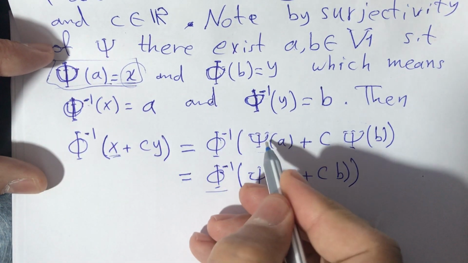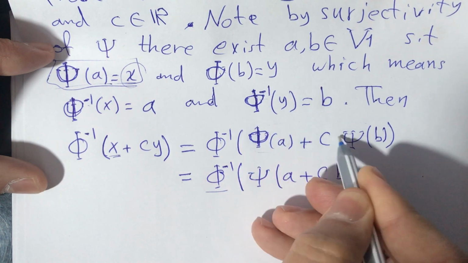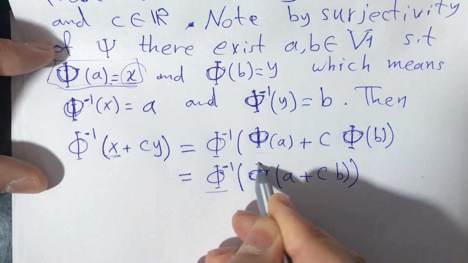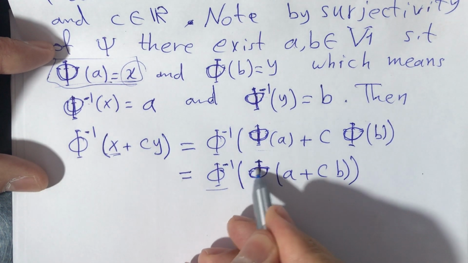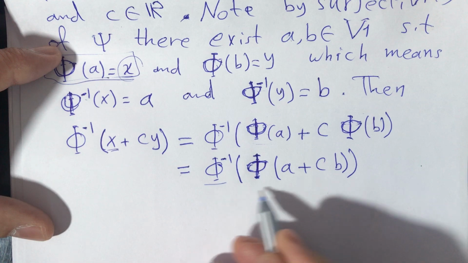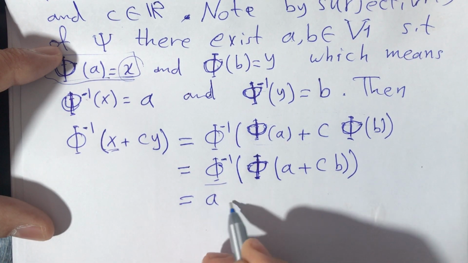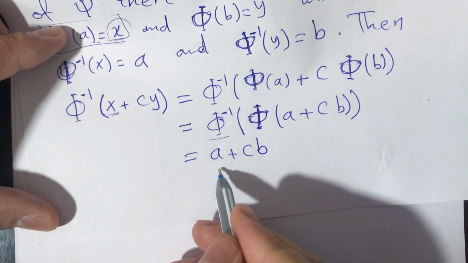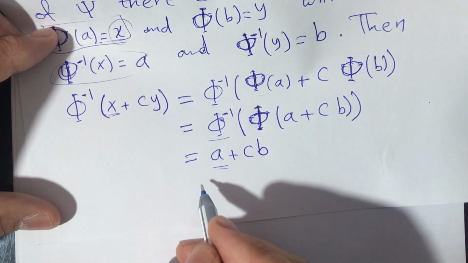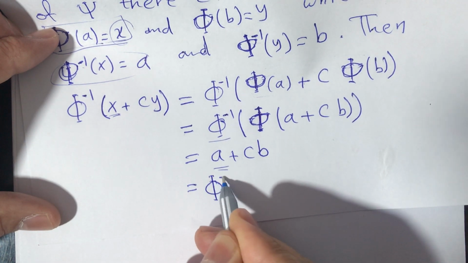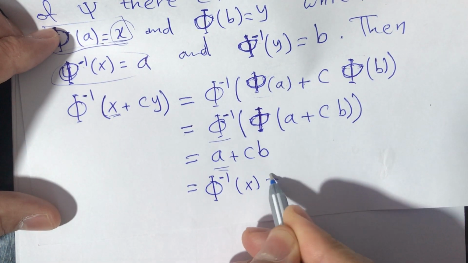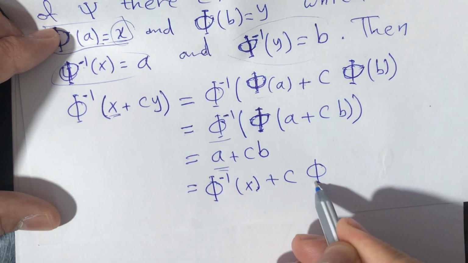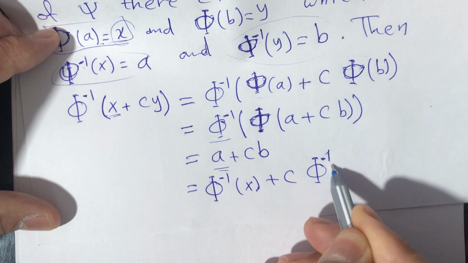Now phi inverse phi will be the identity, and this will be equal to a plus cb. And what about a? a is equal to phi inverse of x, and c the same, and b is equal to phi inverse of y.